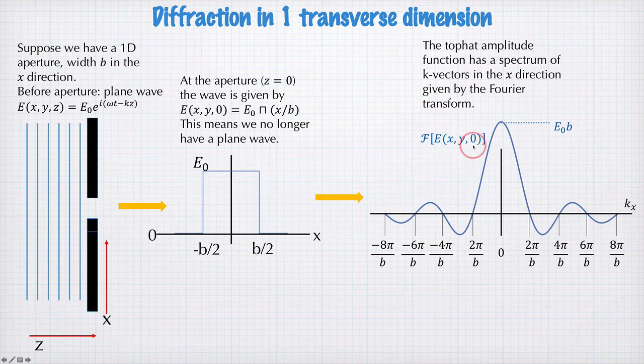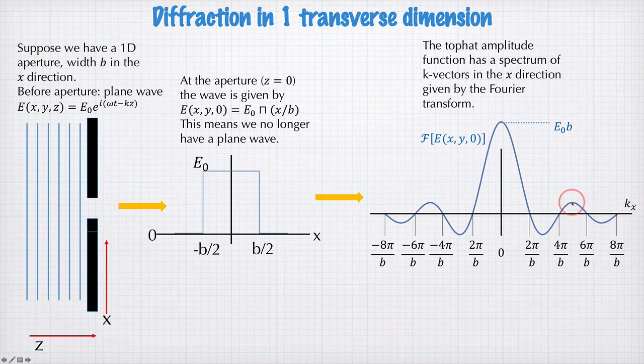But now let's think about what the different values of kx do. If you have something with a large value of kx, say over here, it will be propagating at an angle which is large compared to the axis of this system. So here would be kx equal to 0, kx non-zero would be propagating at some angle. So the further you go out here along this kx axis, the larger the angle the waves will propagate.